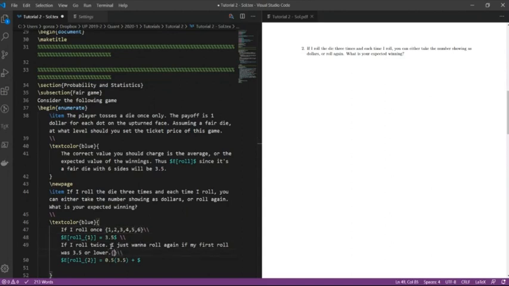However, when I roll again, what am I striving for? I'm striving for something that's greater than 3.5. So 4, 5, 6. So when I roll once, my expected winnings are 3.5.